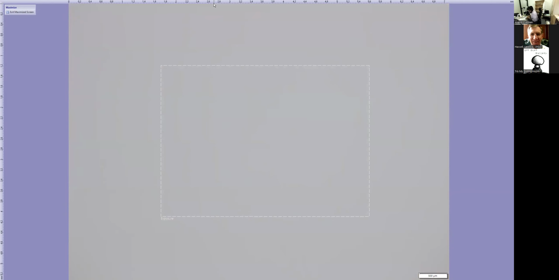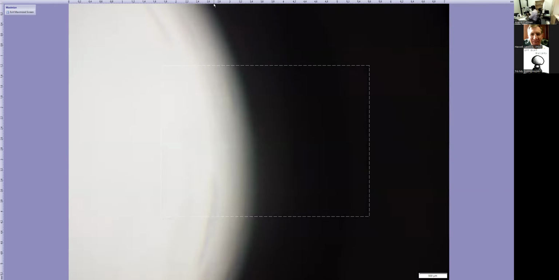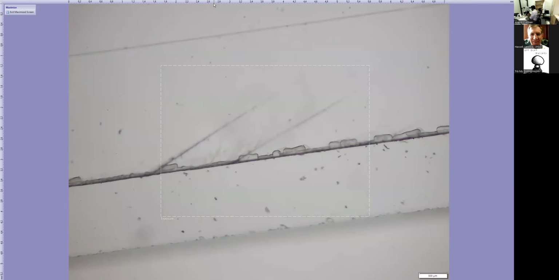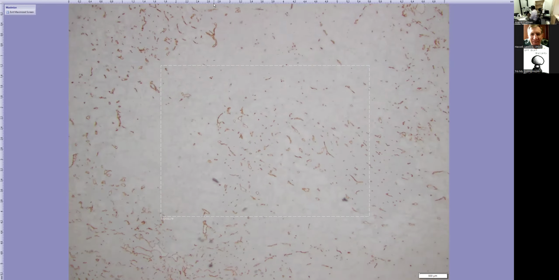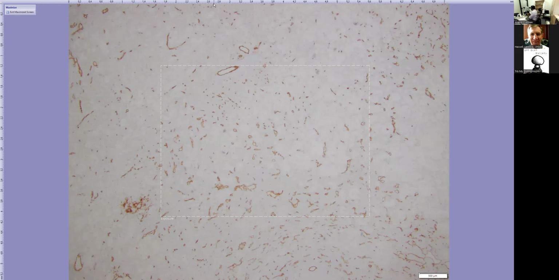But as we all know, CD34 is not a very specific marker for vascular cells. So I threw in additional markers that can help me confirm whether these are vascular in origin. So I did a CD31, which is supposed to be a little bit more specific. And this one is actually negative.